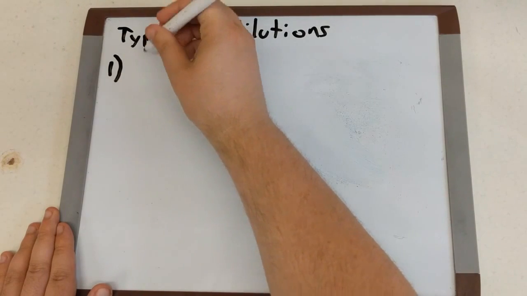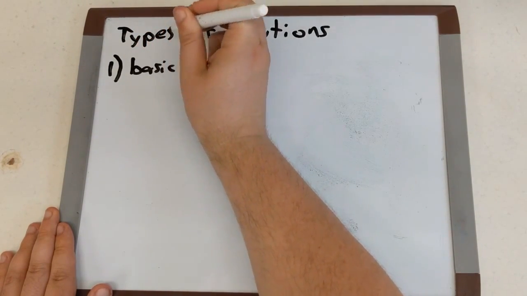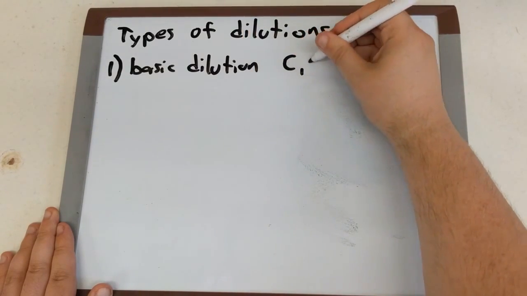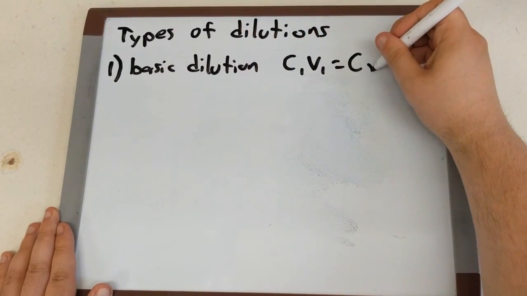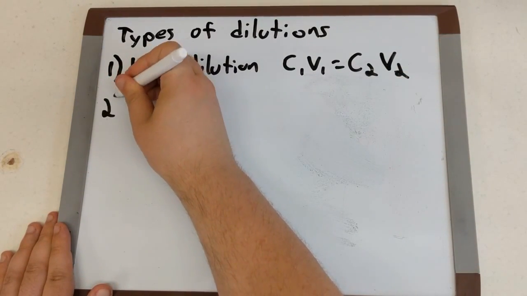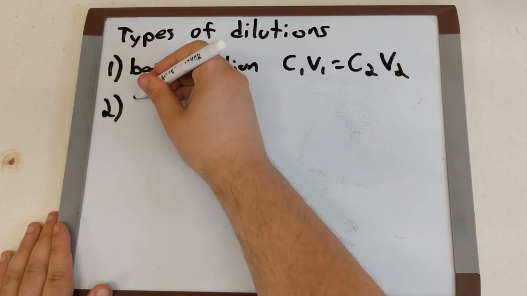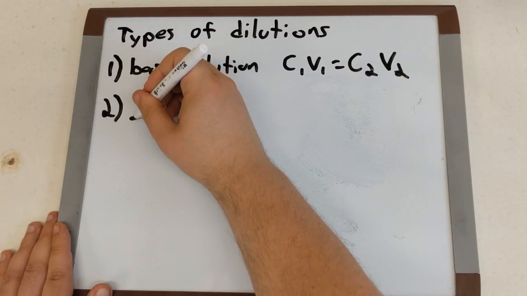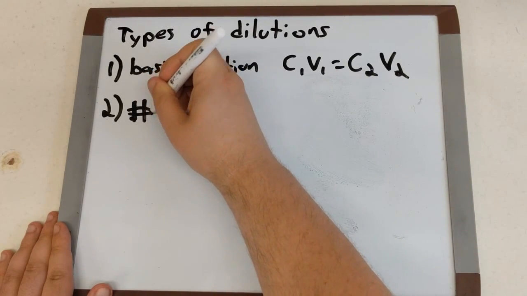There are a few different types of dilutions that you may see written in a protocol, or that are used in a lab, and we're going to go over all of these with you. The first one is a basic dilution where you're trying to solve for V1, which we'll define later, using the formula C1V1 equals C2V2.